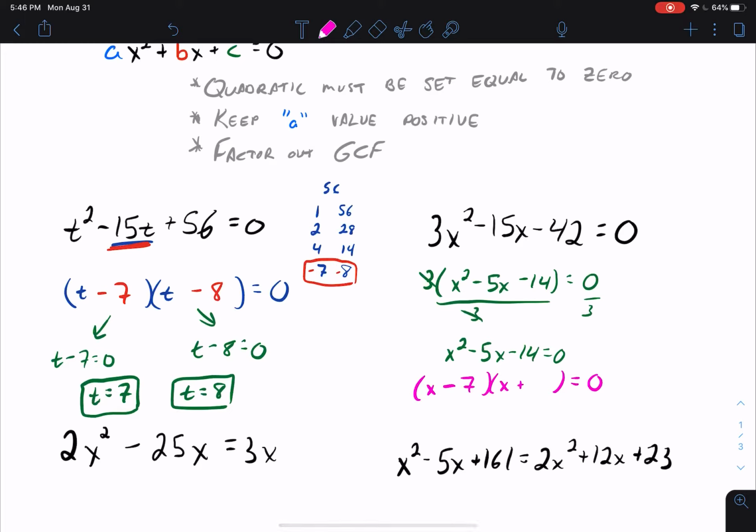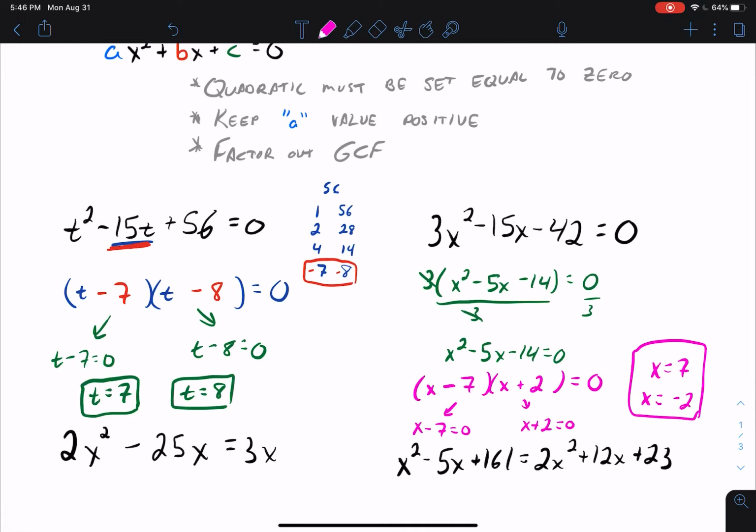That'd be minus 7 and positive 2. You could have flip-flopped those, you could have had x plus 2 as the first binomial. That doesn't matter. From here, split off each of these and set them equal to 0, and I'm going to get x equals 7 and x equals negative 2.